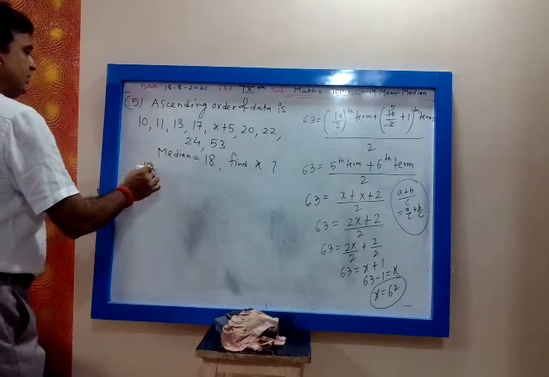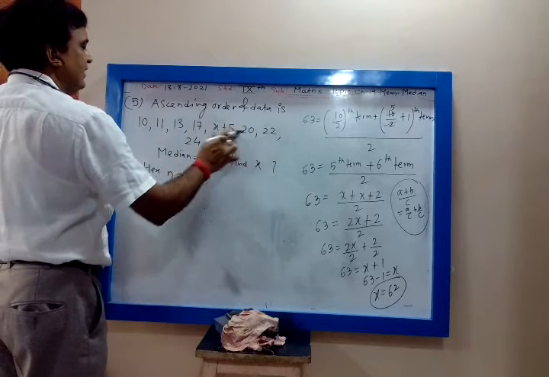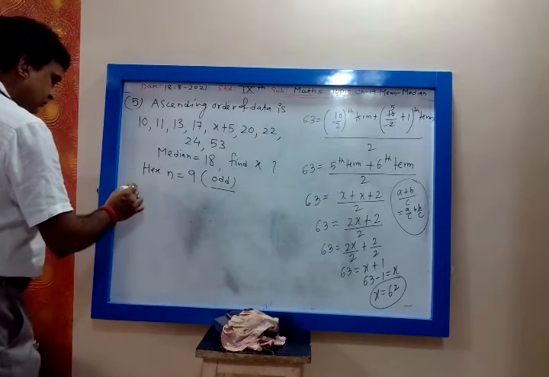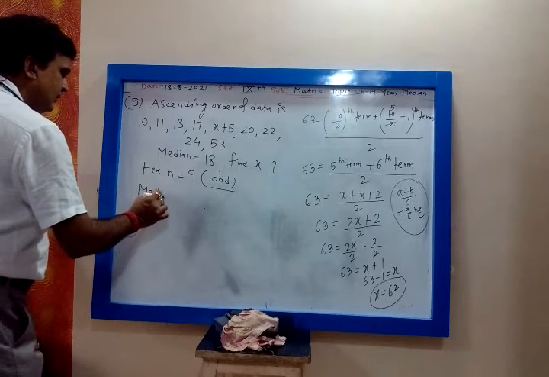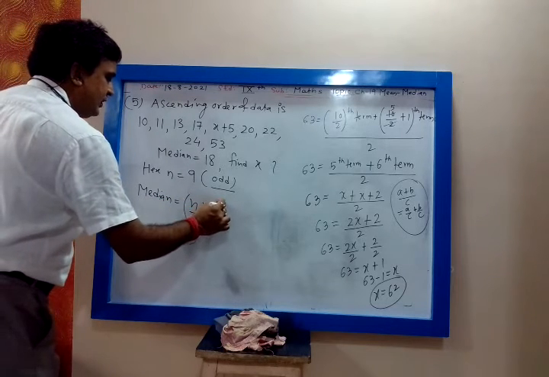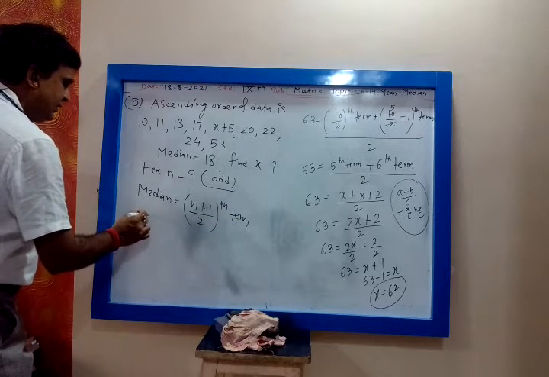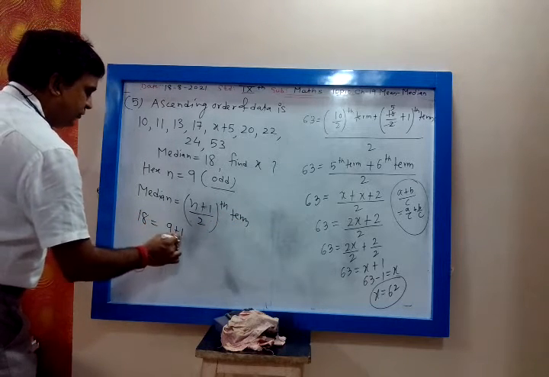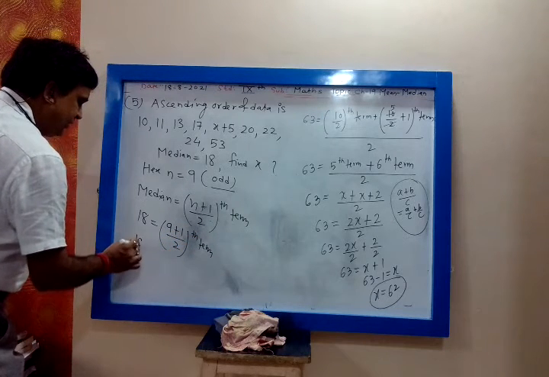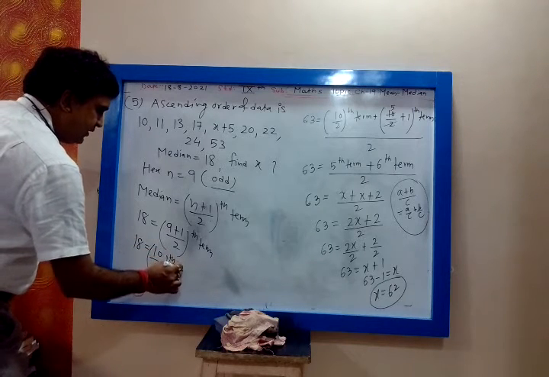So you count how many observations are given. Here n is how many? 1, 2, 3, 4, 5, 6, 7, 8, 9. n is 9. 9 is an odd number. So median will be the (n plus 1) upon 2th term. Median is given 18, n is 9, so 18 is equal to the 9 plus 1 upon 2th term, which is 10 upon 2th term, that is the 5th term.